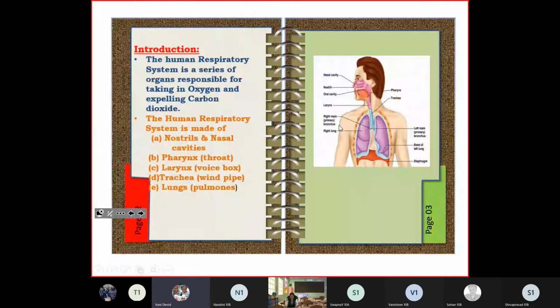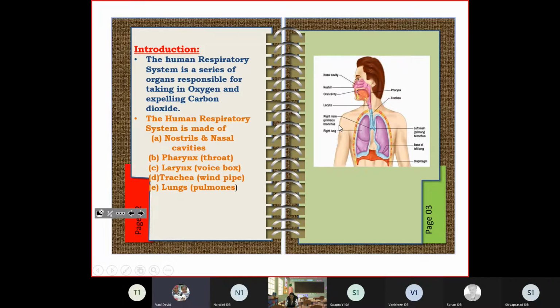The human respiratory system is a series of organs responsible for taking in oxygen and expelling carbon dioxide. It is made up of the nostrils and nasal cavity, the pharynx, that is the throat, the larynx, also called the voice box, the trachea, nothing but the windpipe, and the lungs.